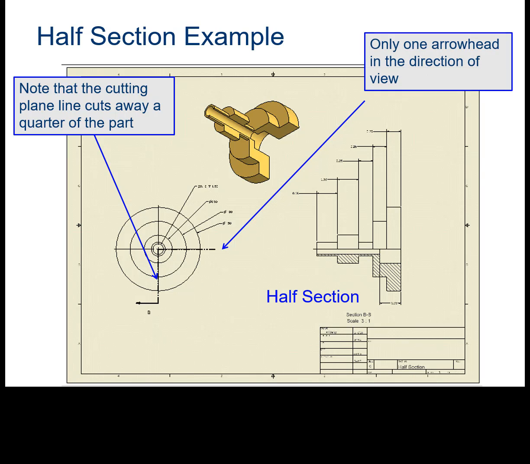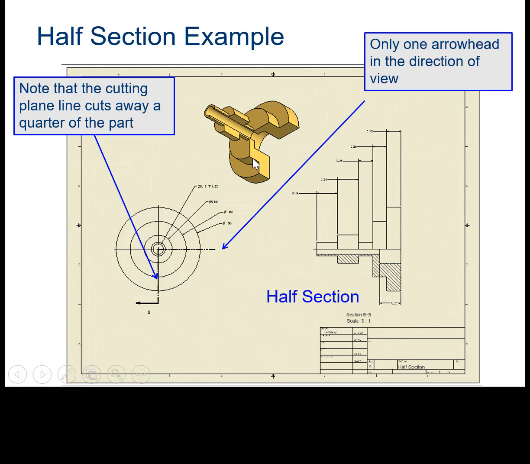So here we have a very symmetrical, I don't know, flange piece that we have cut a quarter of it away. And here is the cutting plane arrows. You can see the dark dashed and dotted line, and it's cutting away a quarter of the object. This arrow is pointing to the left to indicate that this section to the left of the arrow is going to be kept.